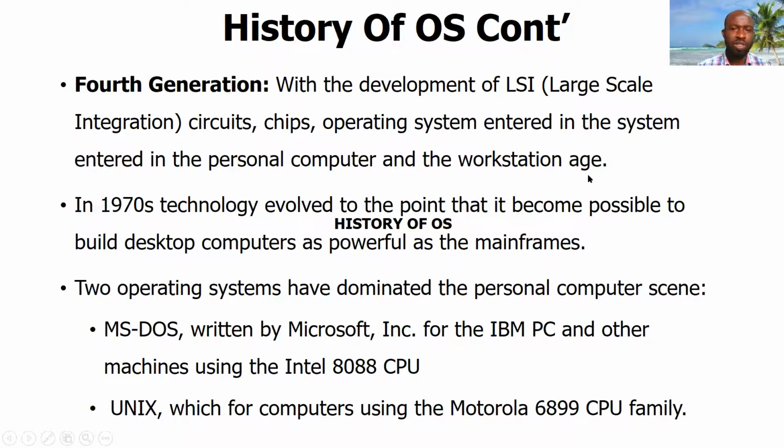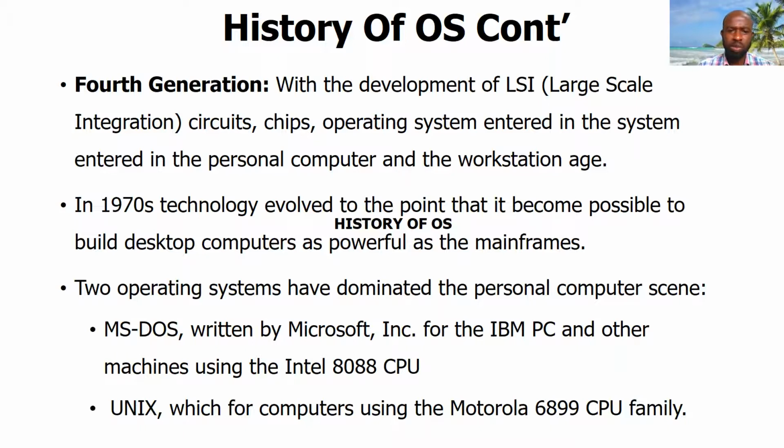And the fourth generation, that is with the development of large-scale integration circuit chips, operating systems entered the personal computer and also the workstation age. In the 1970s, technology evolved to the point that it became possible to build desktop computers as powerful as the mainframe. Two operating systems have dominated the personal computer scene.